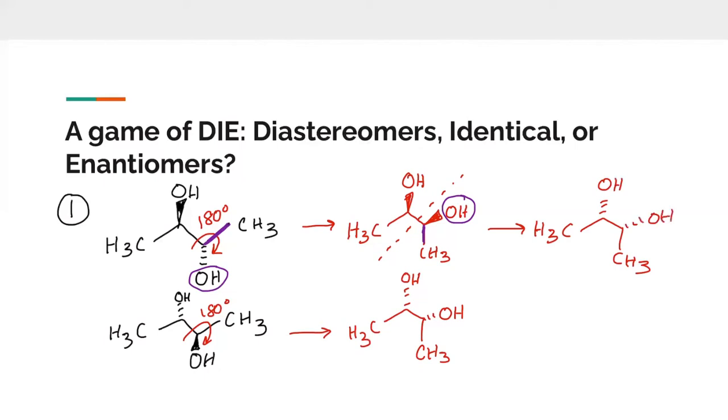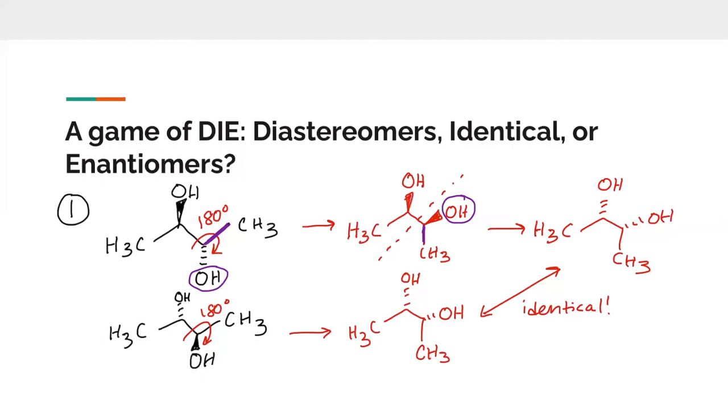And now you can clearly see that these two molecules are identical. So in a lot of these problems, it is often helpful to redraw molecules so that you can clearly see if there are any planes of symmetry that might allow them to be identical.